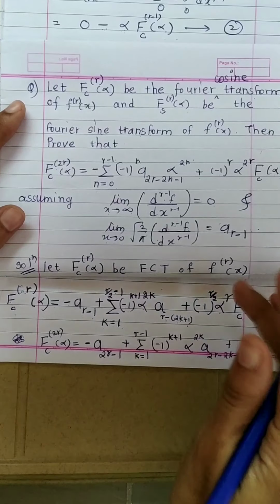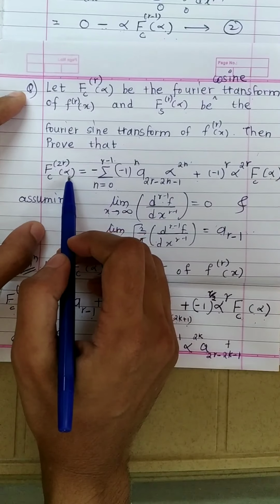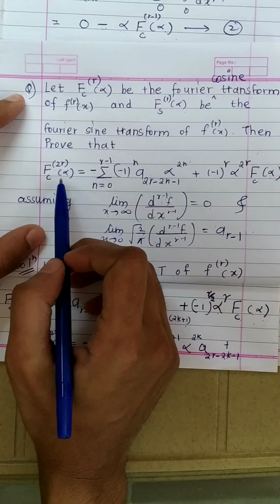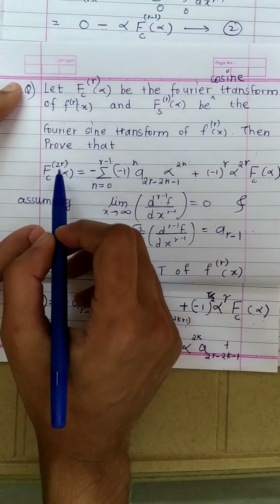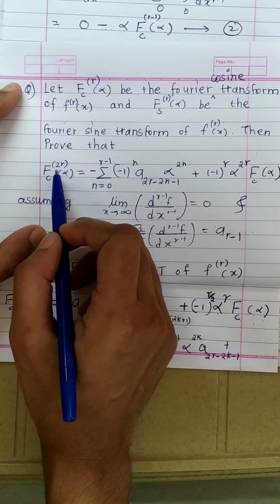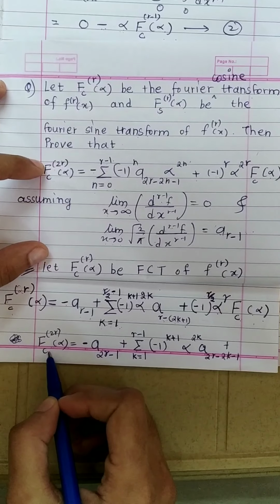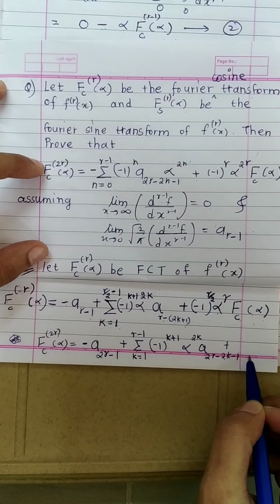Students, note that here we have proved the statement, or it is asked to find the expression only when this is the even number. And what we have got here is FC 2r of alpha is equal to this.